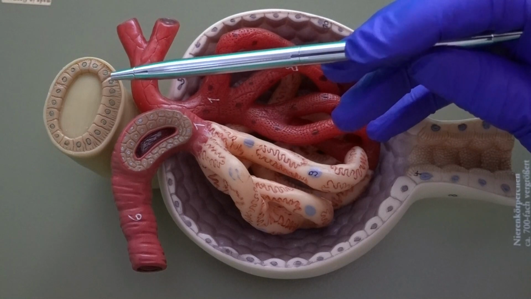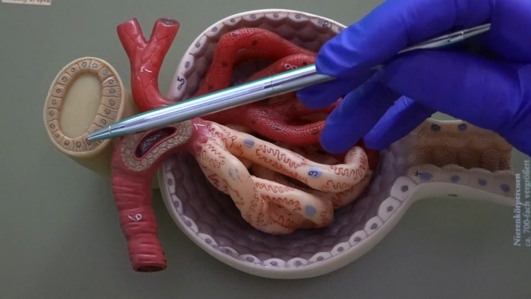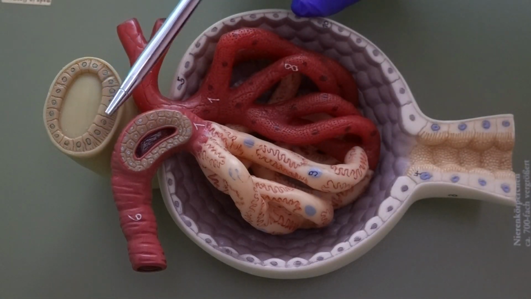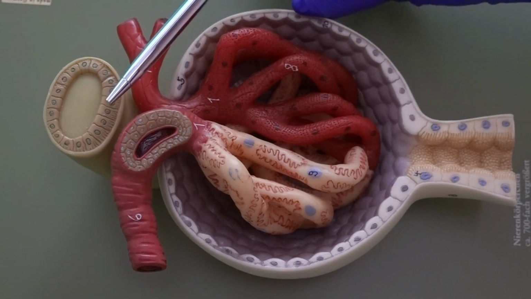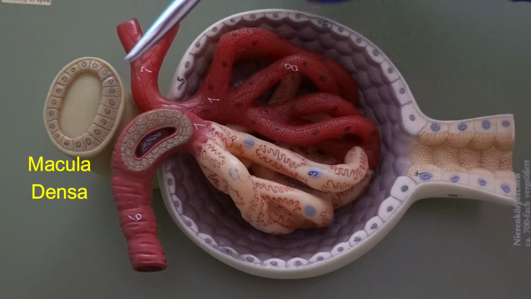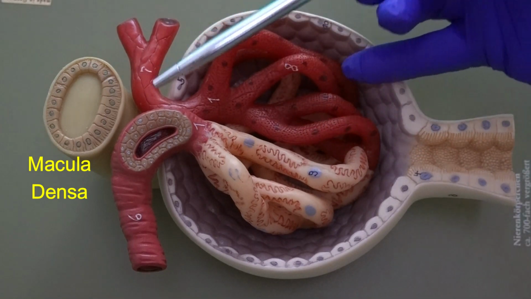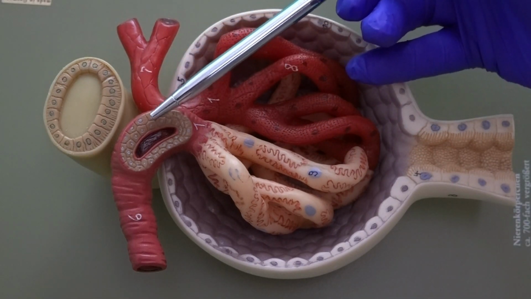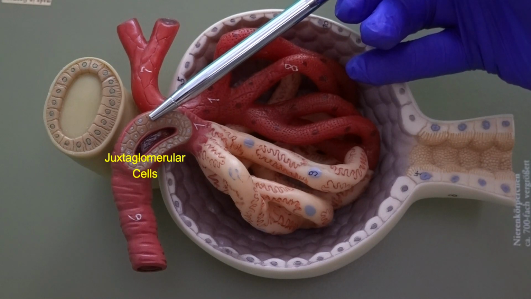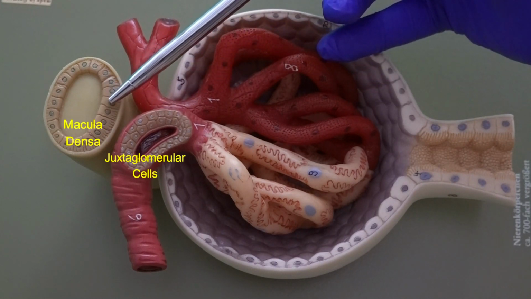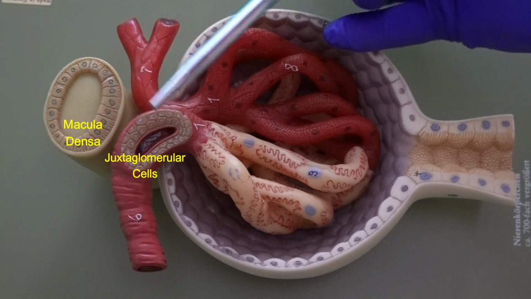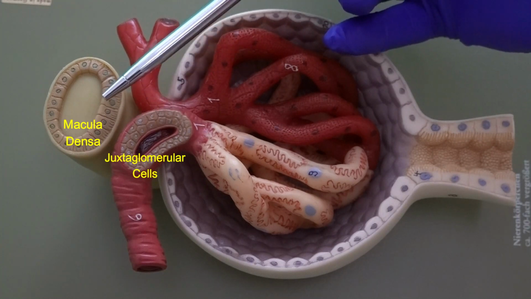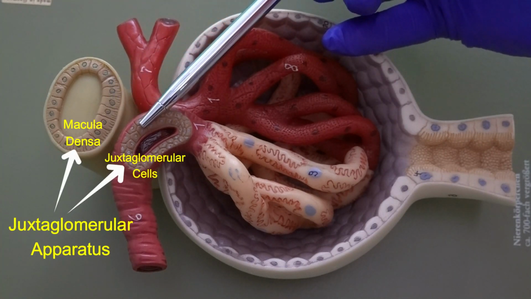We name these tightly packed columnar cells that sit in the wall of ascending limb of nephron loop, close to the afferent arteriole, macula densa cells. And we name both juxtaglomerular cells and macula densa cells together juxtaglomerular apparatus.